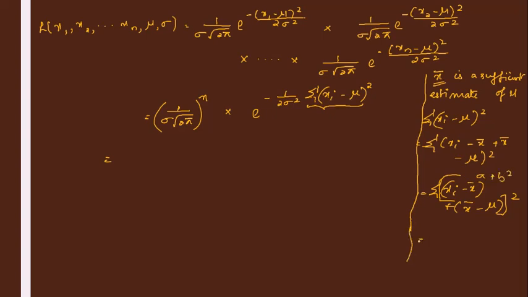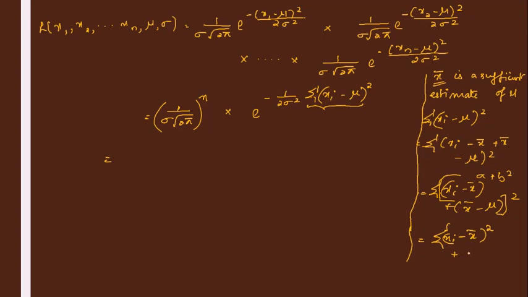Now this is equal to summation xi minus x bar the whole square, plus 2 into the middle term over here, but I hope you all know why that vanishes, so I don't have to explain it again and again.